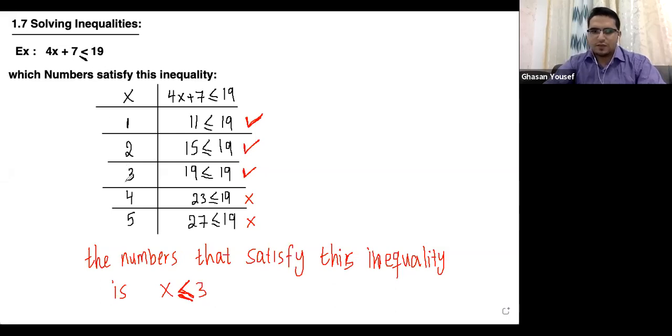Oh yes, you asked why x equals 3, because here it is less than or equal. So 19 less than or equal to 19 is correct, because 19 is actually equal to 19. So x equals 3 is satisfying this inequality. That's why I included 3 as a number satisfying this inequality. Okay, Natasha? Okay, got it.